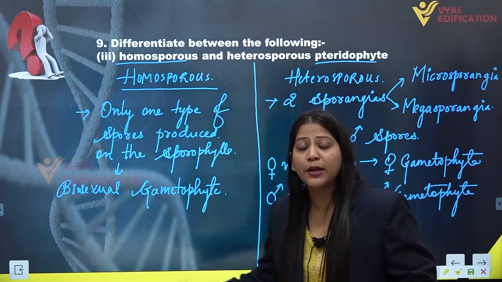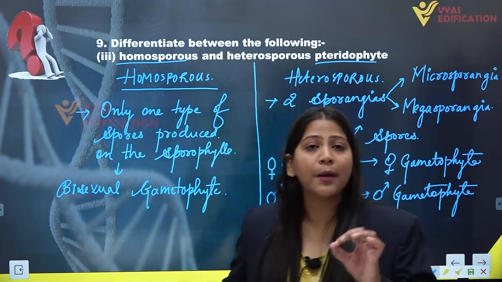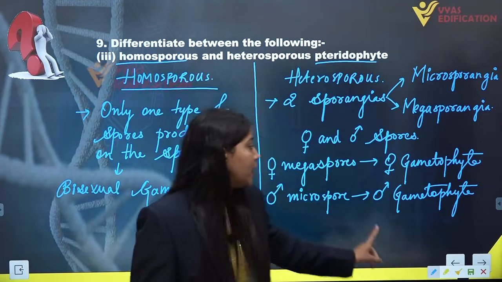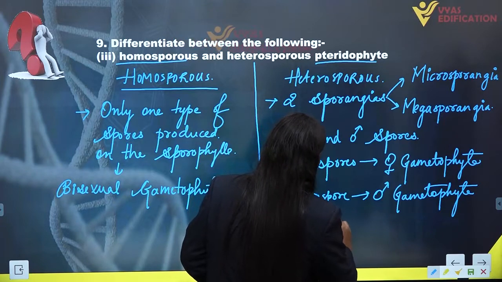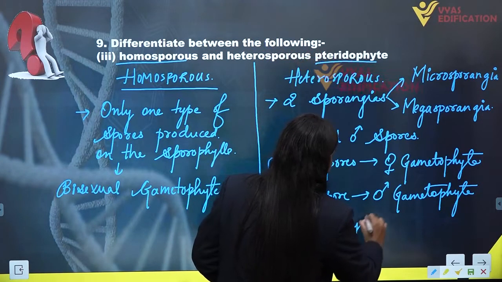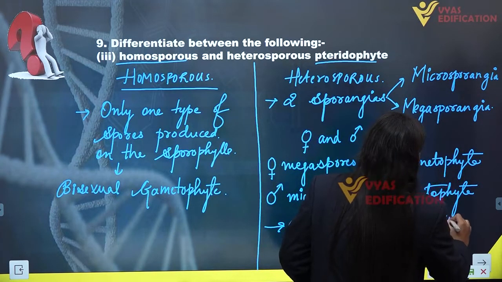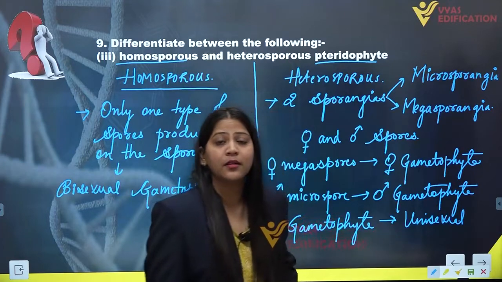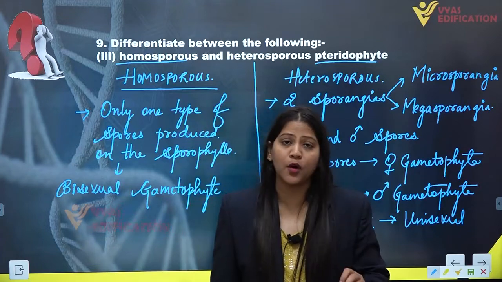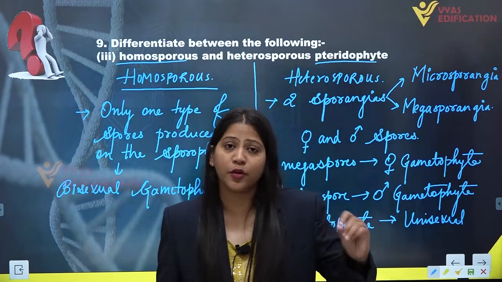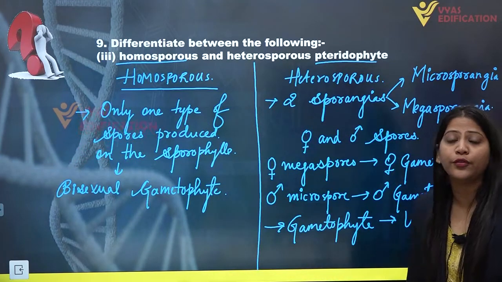The gametophyte formed in homosporous pteridophyte is bisexual, and in heterosporous always the gametophyte is unisexual, because there are two different types of spores present, and two different types of spores are going to give rise to different types of gametophytes on germination. So this is the complete solution of the third part of the 9th question.